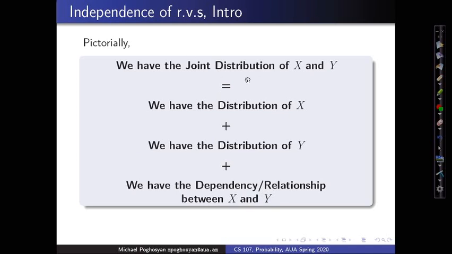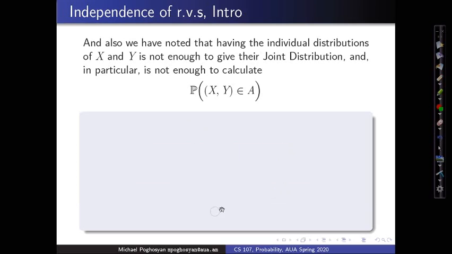So this encompasses in itself the distribution of x, the distribution of y, and also the dependency relationship between x and y. But we have also noted that the inverse is not true in general. So having individual marginal distributions of x and y is not enough to give their joint distribution.